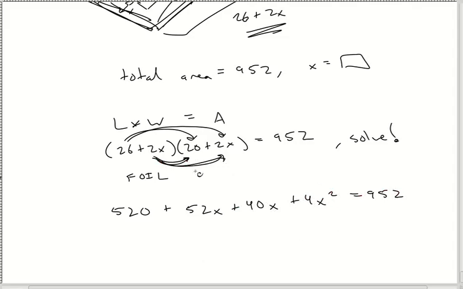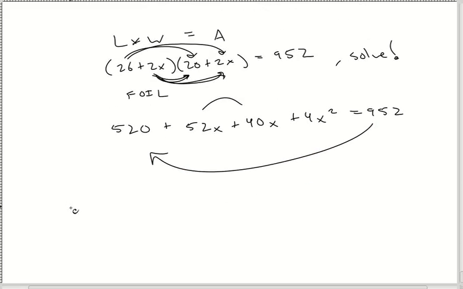To make this into a quadratic form, combine these like terms and subtract the 952 to the other side, leaving behind 4x squared plus 52x plus 40x is 92x, and then 520 minus the 952 is negative 432.